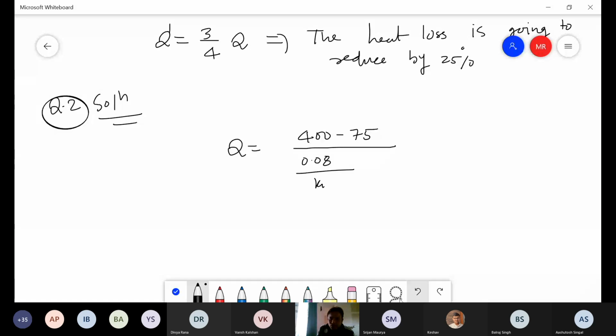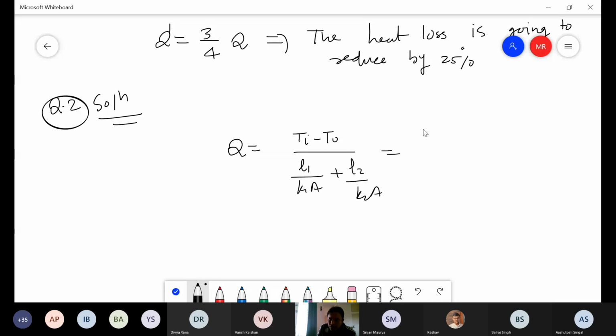Maybe I just write this in terms of actual temperatures. So this becomes Ti minus T naught divided by L1 divided by K1A plus L2 divided by K2A. So this is the equation.